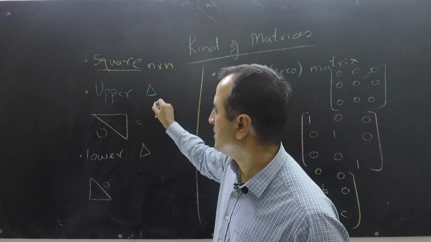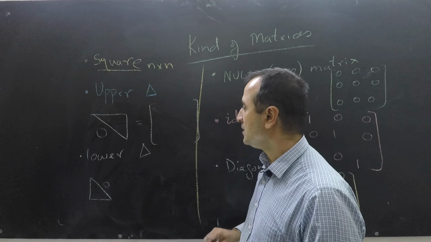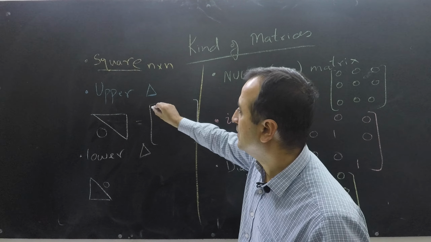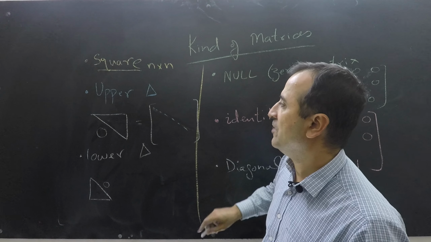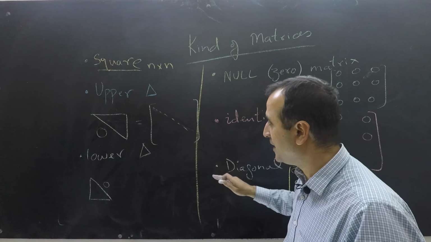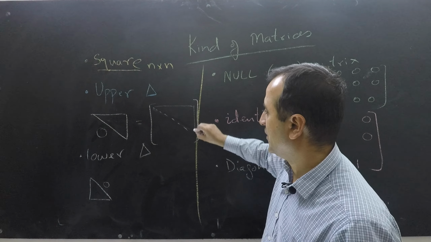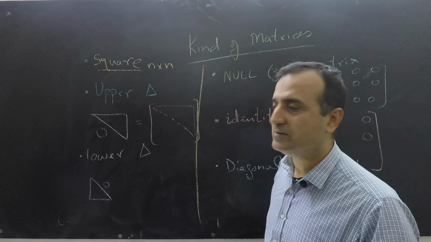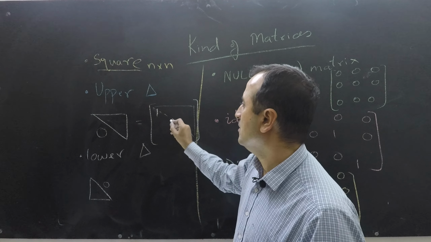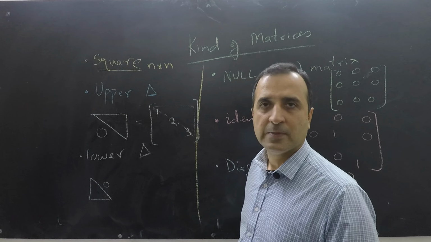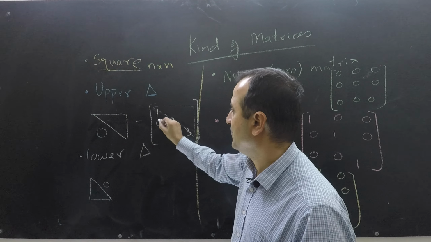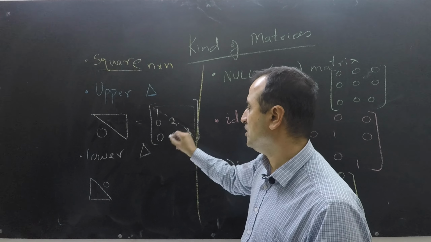So in this case, let's first draw an upper triangle in it. So we have here our diagonal, the main diagonal, and this is our upper triangle. And this is a 3 by 3 matrix, so in the diagonal it can have any entries, so I can write here maybe 1, 2 and 3, but the lower half will have all zeros, so I have here 0, 0, and I will have here 0, right?